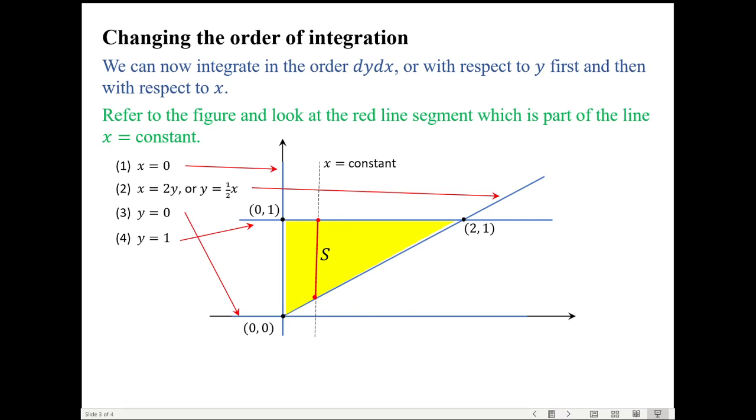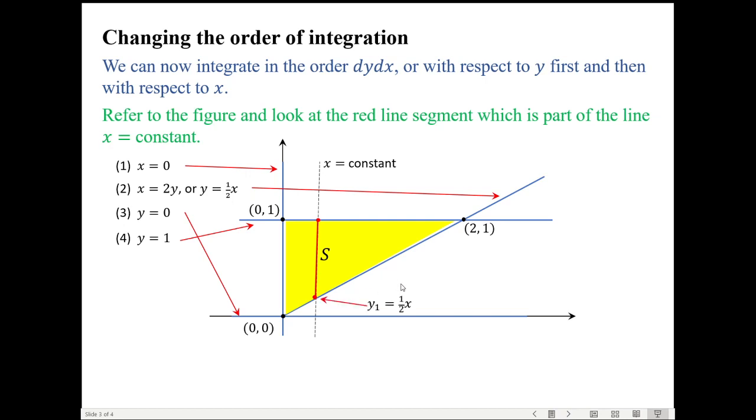So what is y below here and what is y there? Obviously the upper value of y is 1. How about here? It is not fixed. Y here is computed based on the equation of the line where that point is. This line is y equals 1 half x. Therefore, y here at the lower end point of the vertical line is 1 half x.